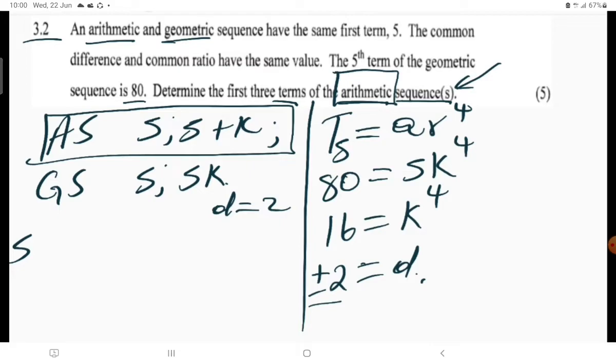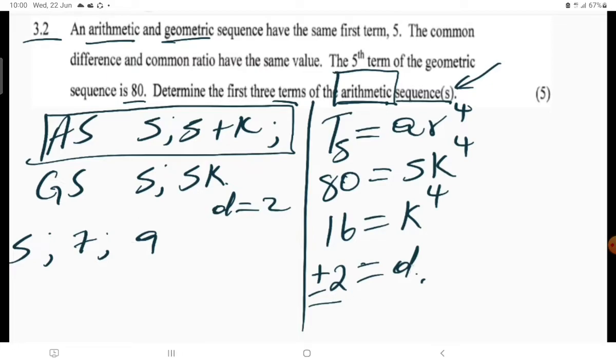It completely forgot about the geometric. So let's just change that K to be d. Good. Now what are we having? We have 5, then 5 plus 2, which is 7, then 7 plus 2, which is 9. So this is what we have for the first three terms of the first arithmetic sequence.